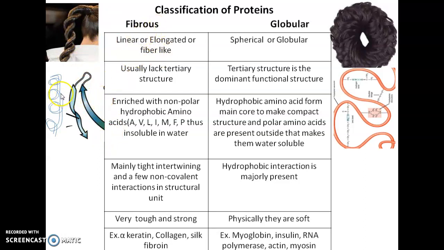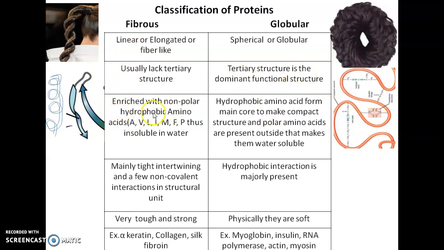But usually, as we have already discussed in the previous video, the tertiary structure is a result of different intramolecular bond formation, which is usually lacking or very limited in fibrous protein, while in globular protein, mind it, the word is intramolecular, bonding is present within the polypeptide chain that gives rise to the formation of tertiary structure.